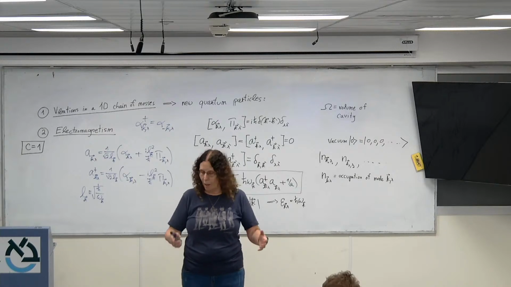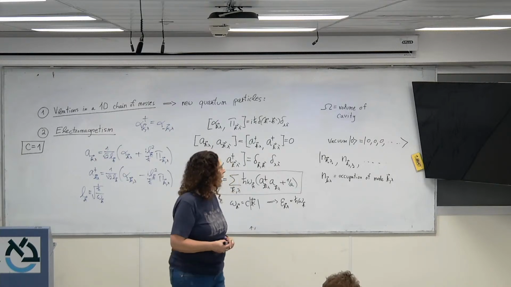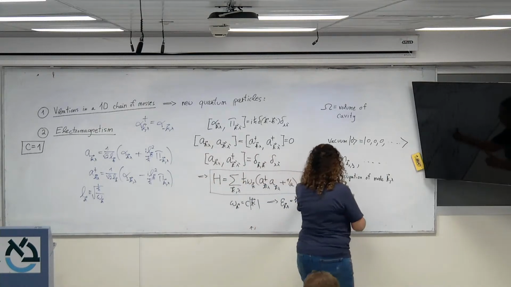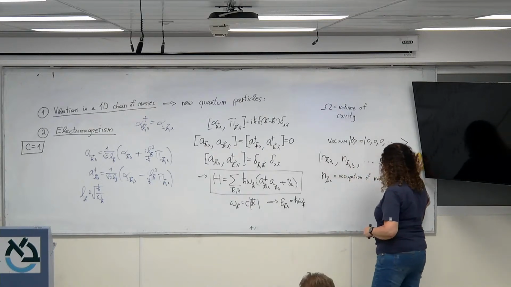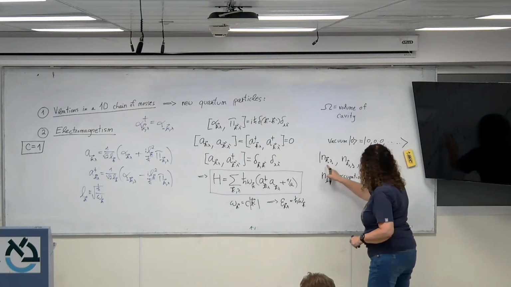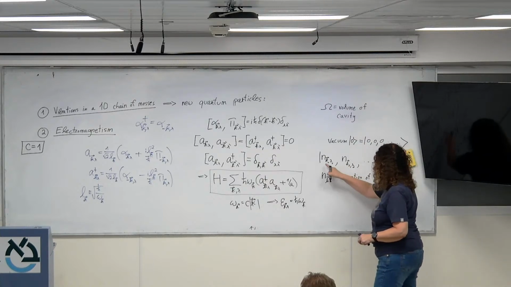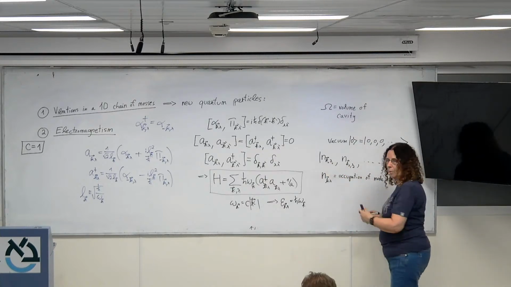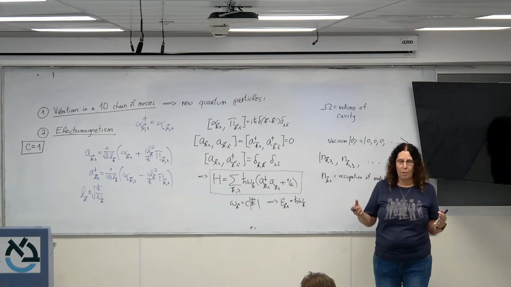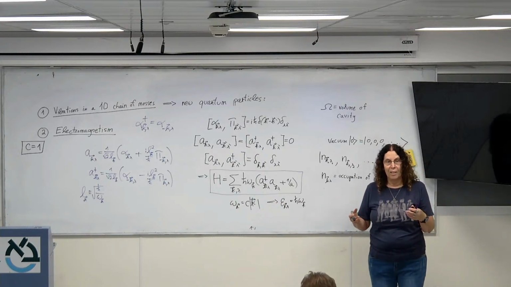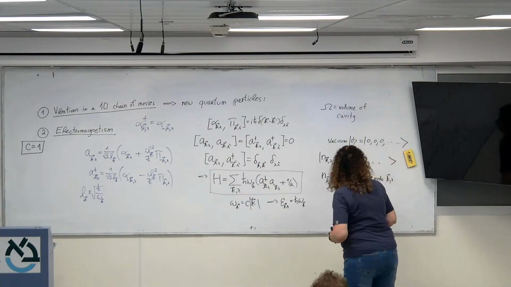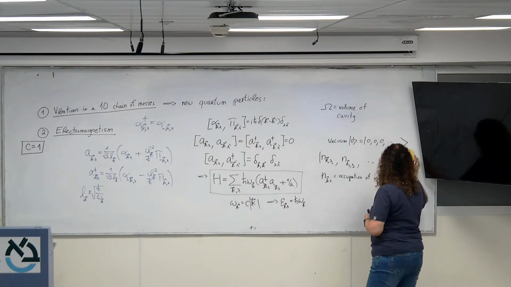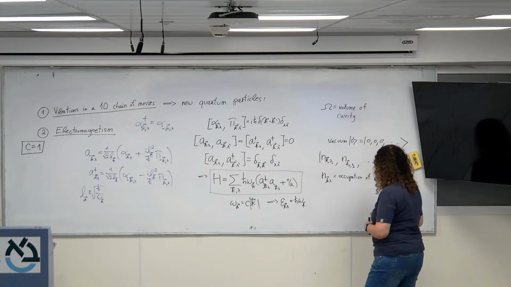And how will a general state look? There's another thing I wanted to write, which is very general. I can create such a state from the vacuum by applying creation operators. How shall I write this state in this language?